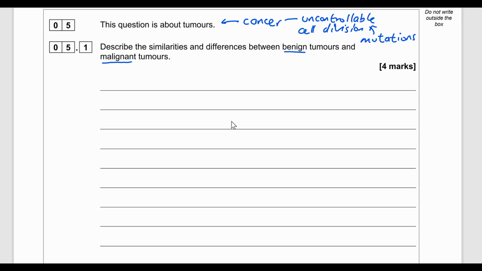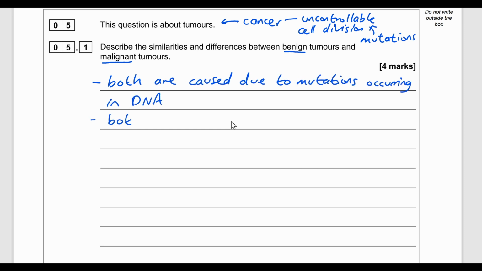Well, let's use the information that we've gotten already. Both of them are caused due to mutations in DNA. But then these mutations both result in uncontrollable cell division. So already we've gotten two similarities.